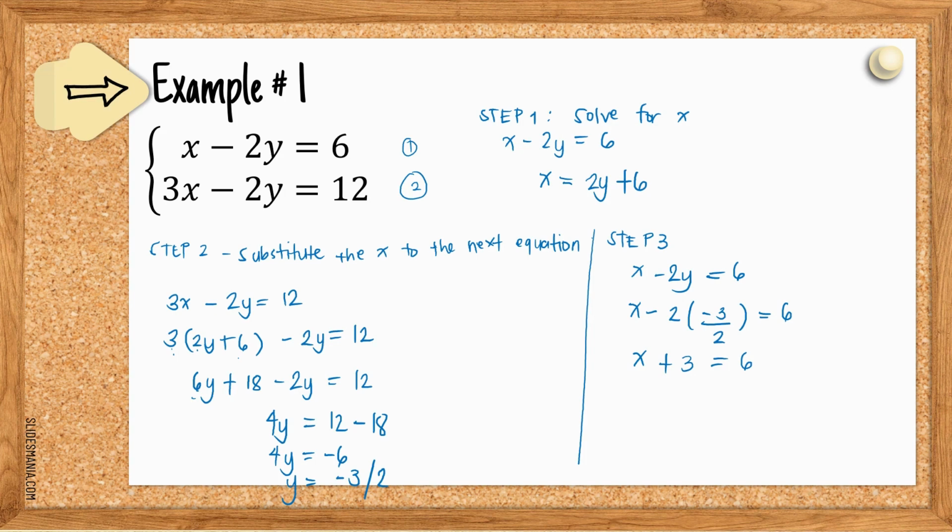By transposition, x is equal to 6 minus 3, that is 3. x is equal to 3. And there you have it. Here's the value for our x and y: 3 and negative 3 over 2. So here's the solution to our system of linear equations.